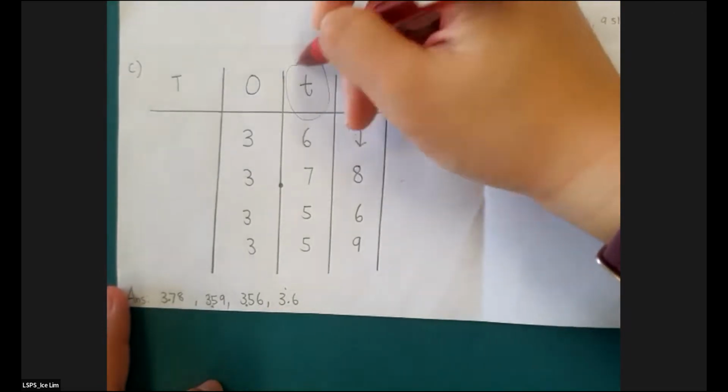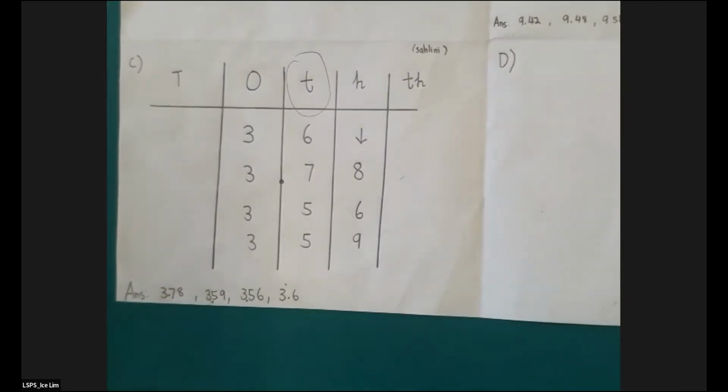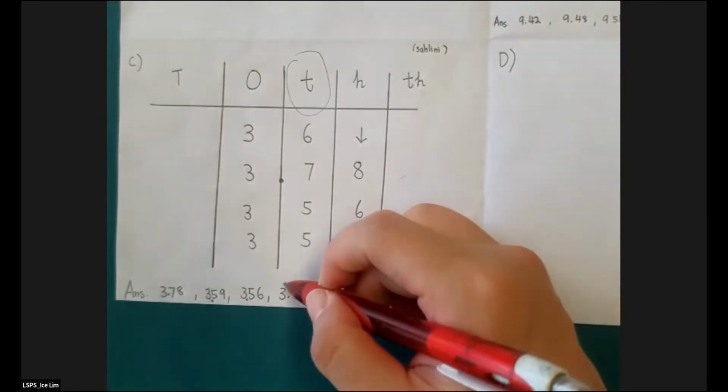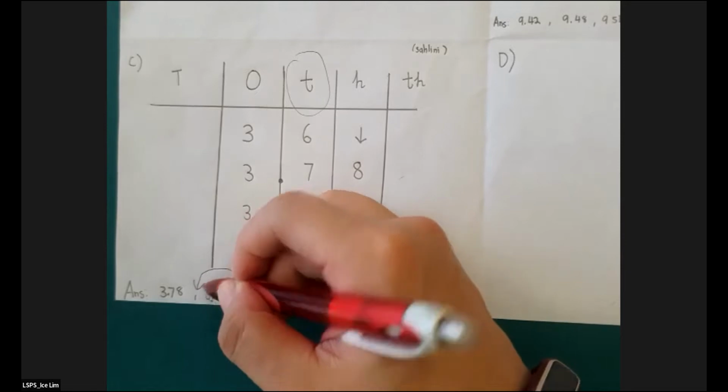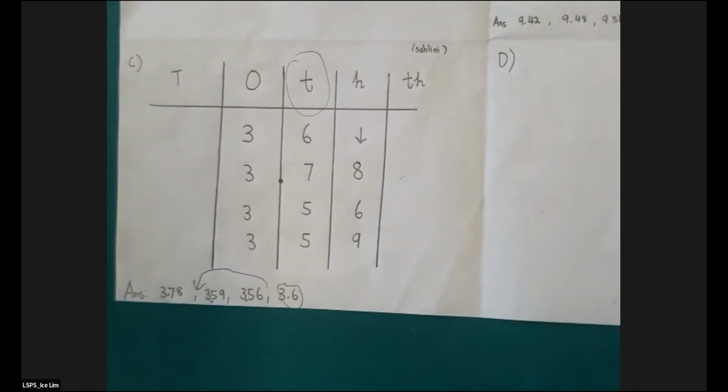Because 0.1 is the bigger place compared to 0.01. So these should come before these two numbers, before you are able to decide 3.59 and 3.56. Can you see what I mean?